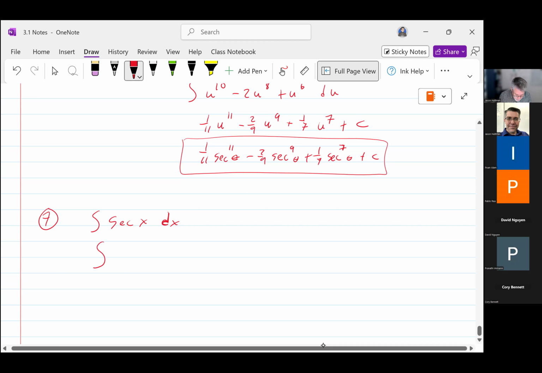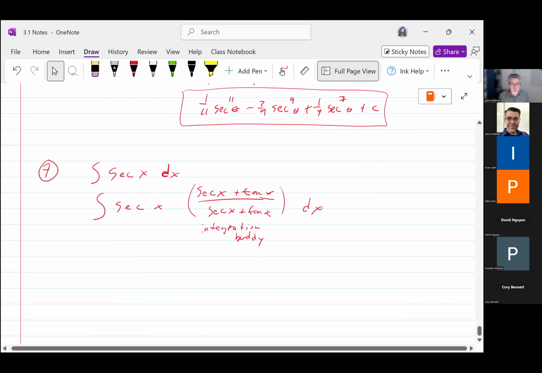Someone smarter than me. So if we do secant x, and then we multiply this guy by secant x plus tangent x over secant x plus tangent x, we'll call this my integration buddy, dx, then a lot of really nice things happen really quickly.